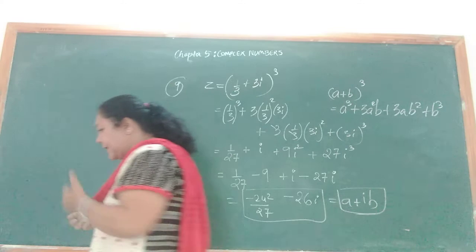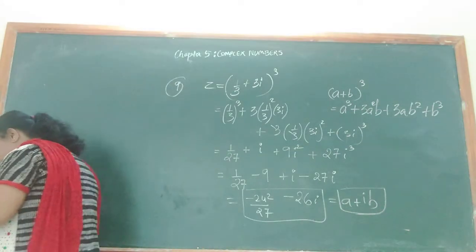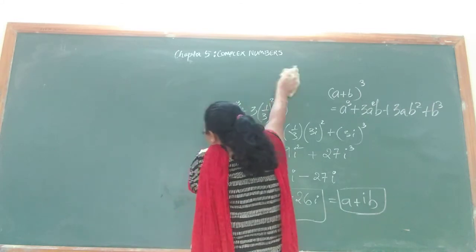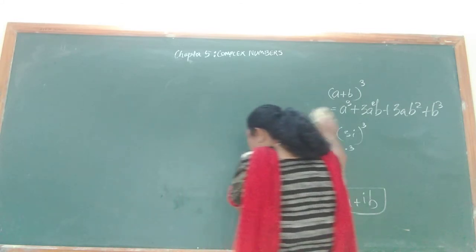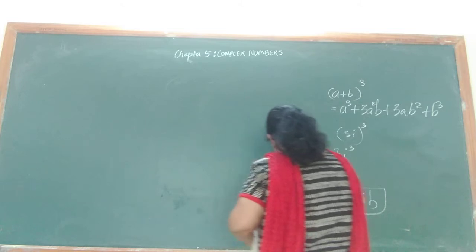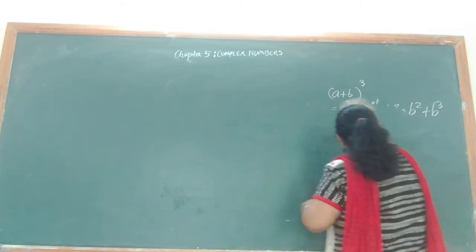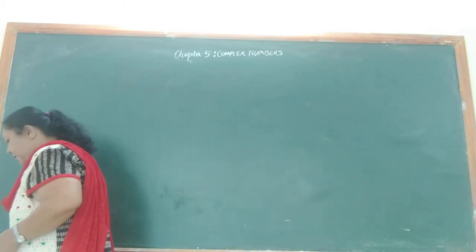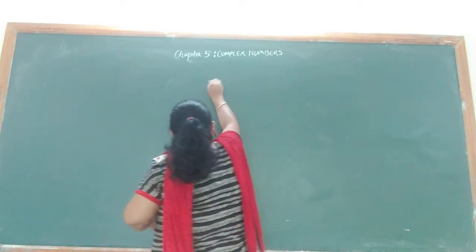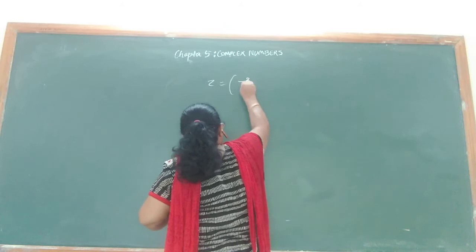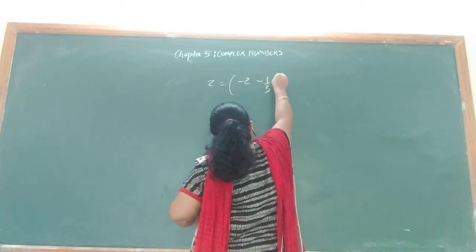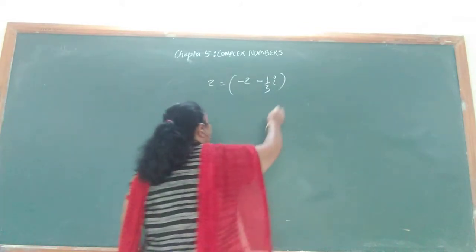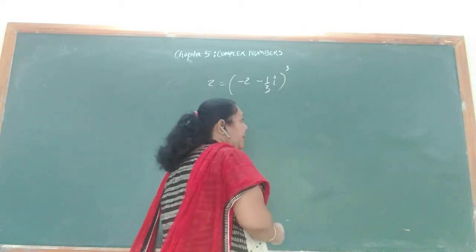Now let's go to the next question here. So next question is z is equal to minus 2 and minus 1 upon 3i, to the whole cube.